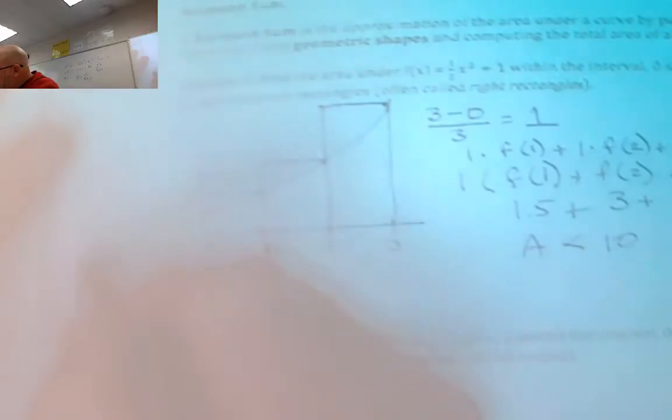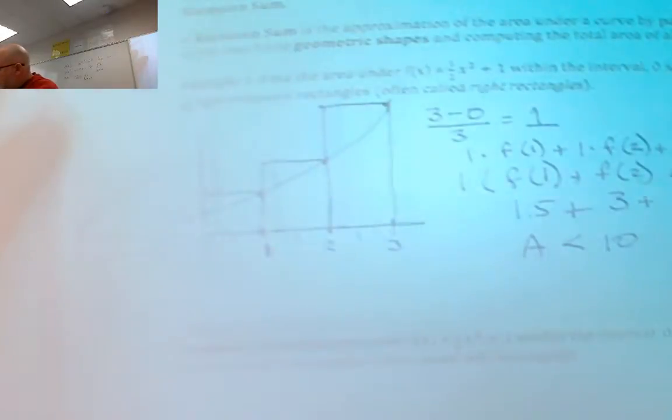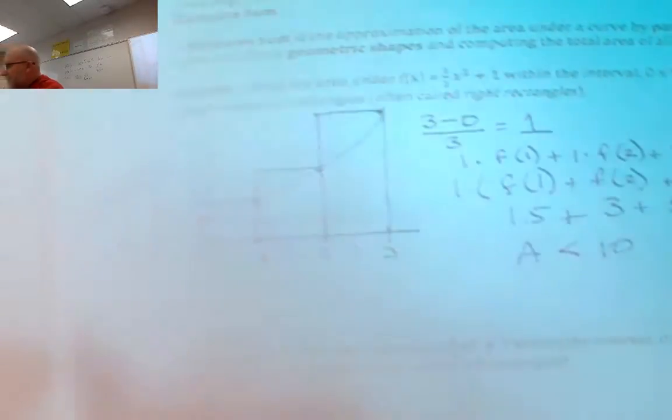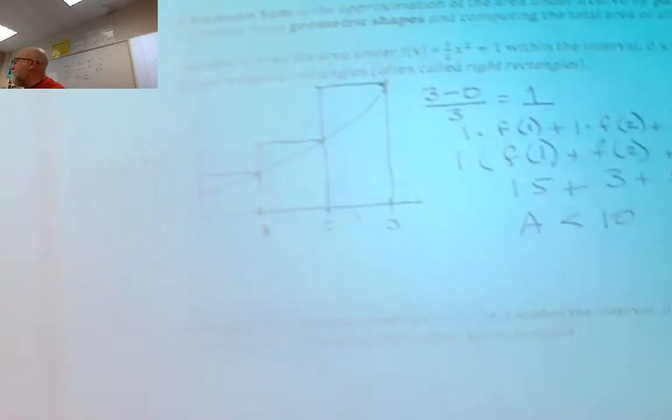Let me just draw another graph, since Allie brought it up. Let's say my graph went like this, and I did it right here. Is that an overestimate too?